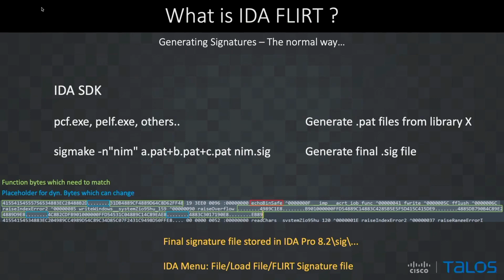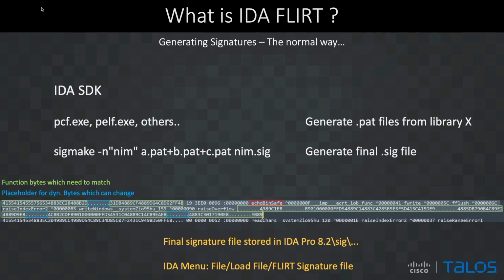And in the IDA SDK, you will find a couple of files which are helping you to create these signatures. So you have, for example, the pcf.exe file, which can convert COFF files, also, for example, object files, into so-called PAT files, pattern files. And these pattern files then can be compiled, one or multiple, into a signature.